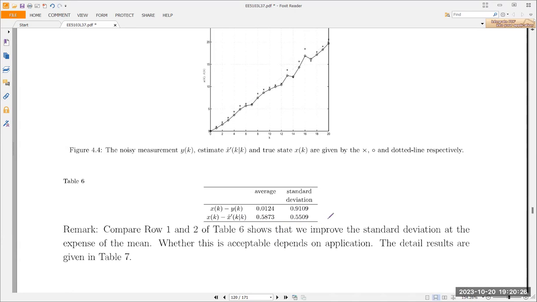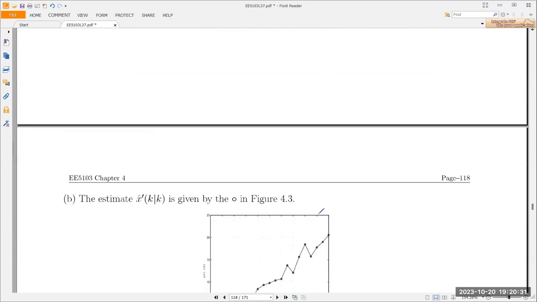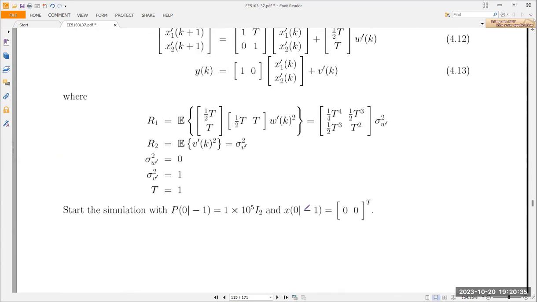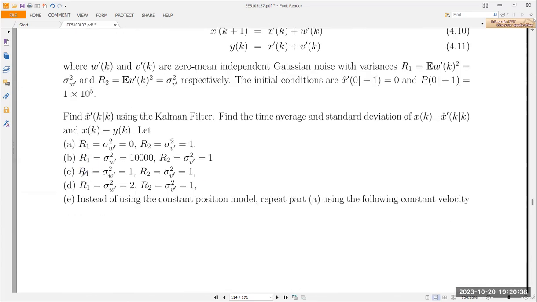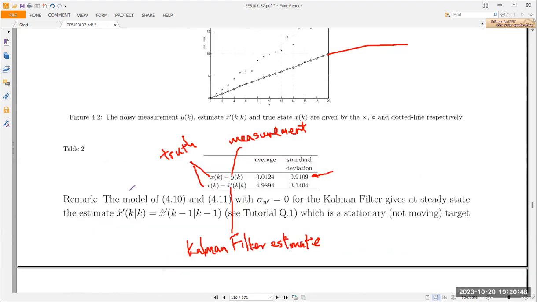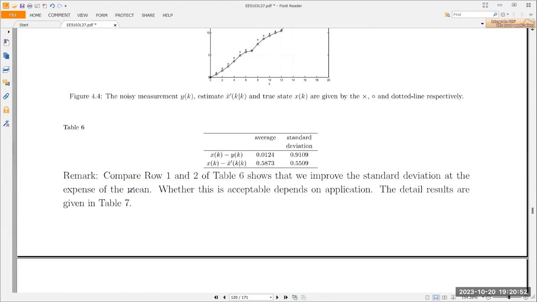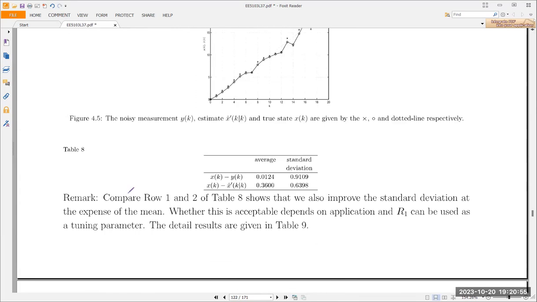Okay. Then we look at part D. Part D, R1 is 2, R2 is 1. So you change R1 by a little bit. Then you run through the results. All right, the average has improved to 0.36.